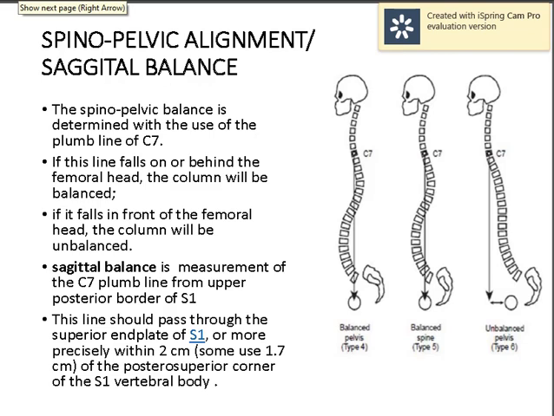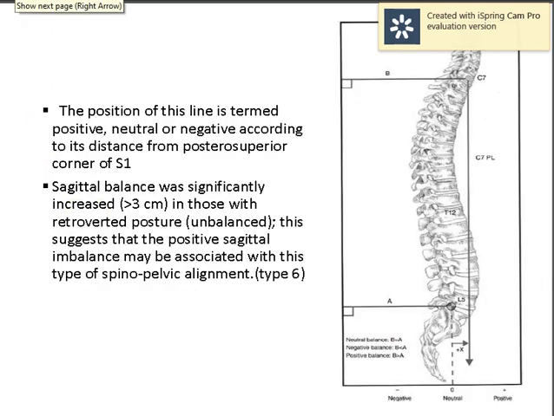This line should pass through the superior end plate of S1, or more precisely within 2 cm of the posterior superior corner of the S1 vertebral body. The position of the line is termed positive, neutral, or negative according to its distance from the posterior superior corner of S1.